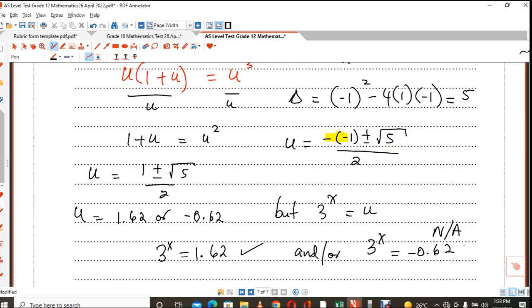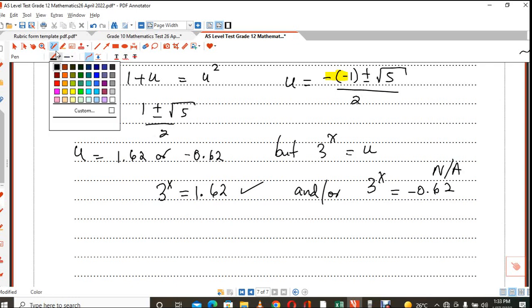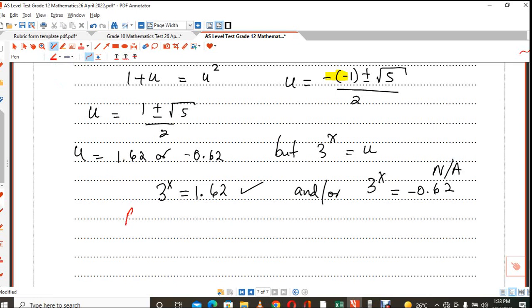Because if you take logs, you can't take the log of a negative number. So the only thing that will work here is the positive root. This won't work, because you say log equals log of that. It's not possible. You follow? That's why we're not even going to consider that.